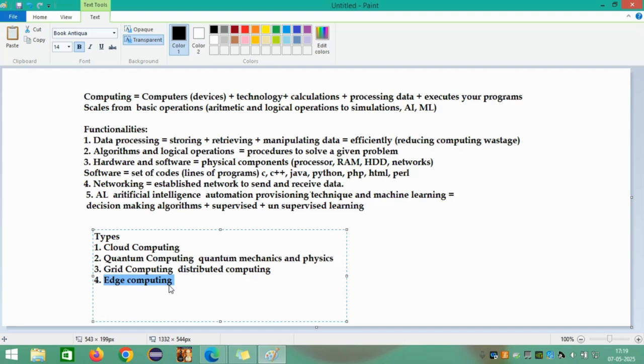So it again includes IoT devices where a Raspberry Pi operating system is involved, and this can take the burden off the data centers by processing the request inside the IoT Raspberry Pi device. So that's edge computing.